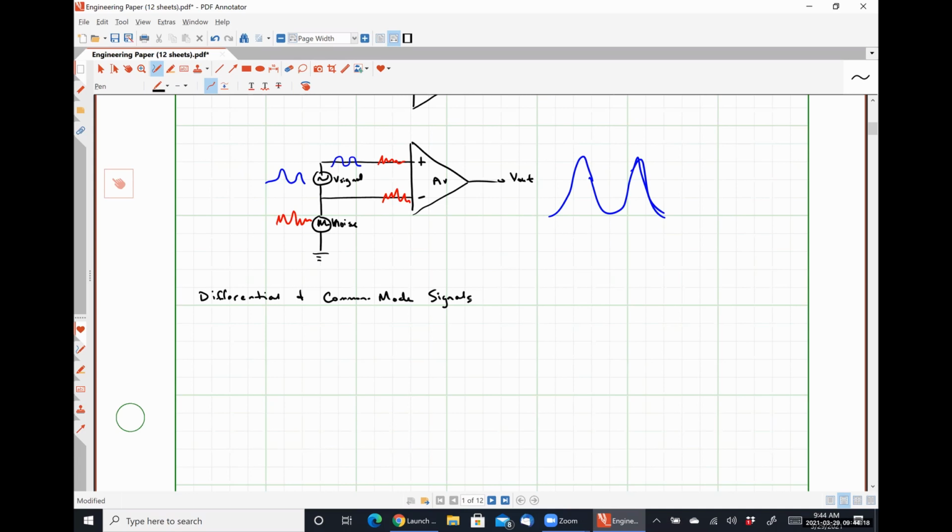So a differential mode signal is simply the difference of the two input or output signals.